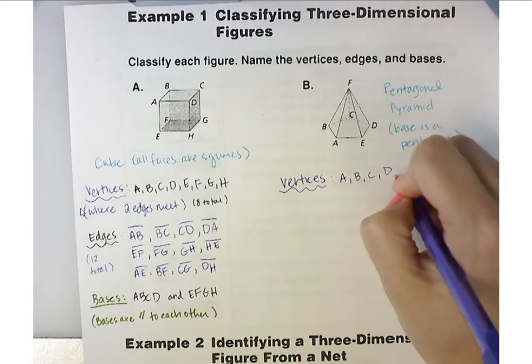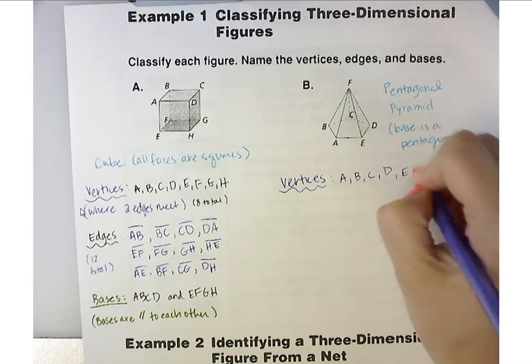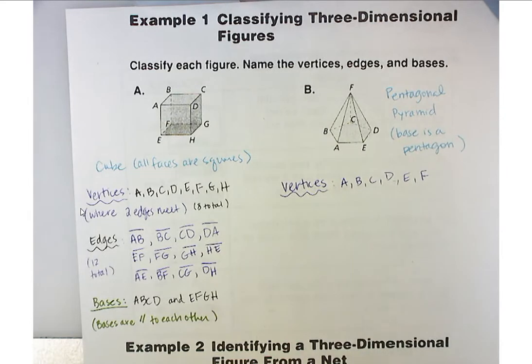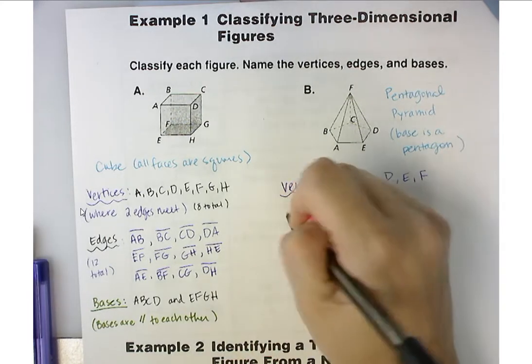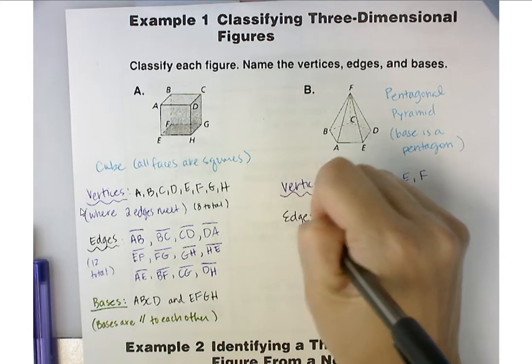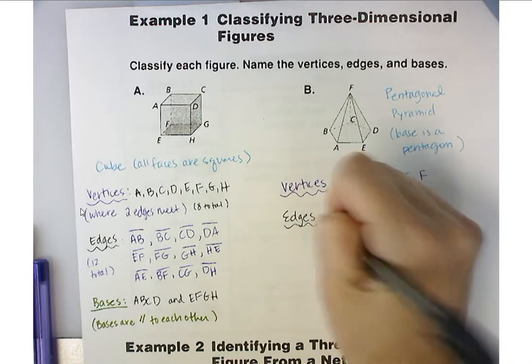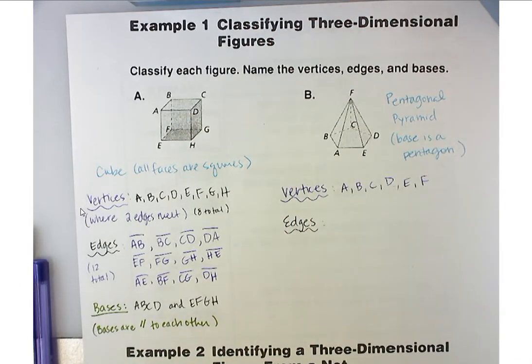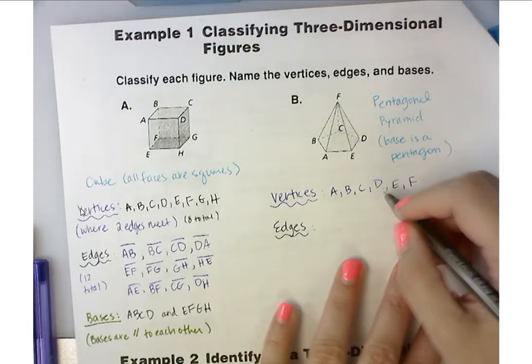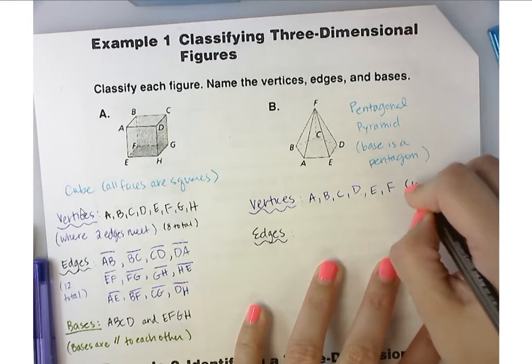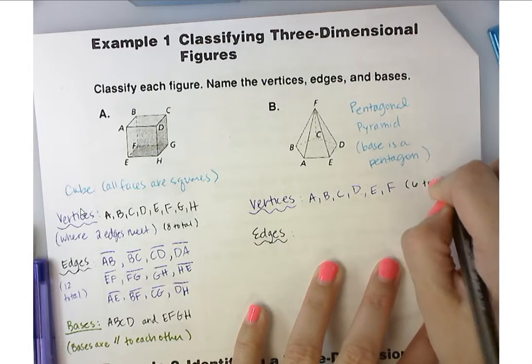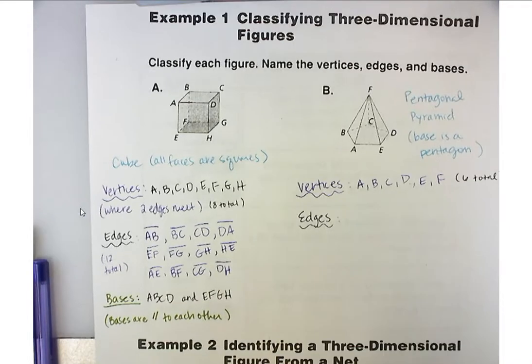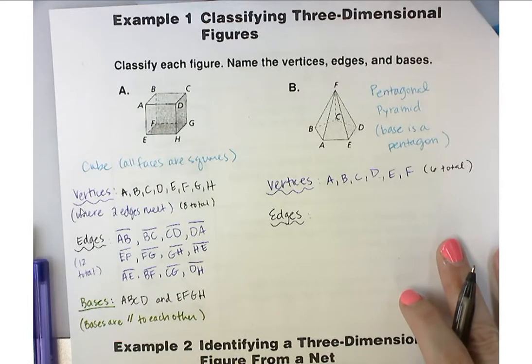A, B, C, D, E, and F. Okay, so now we're going to do the edges. For these vertices, I had how many vertices for this one? There were 6, right? So 5 from the bottom, 1 from the top.